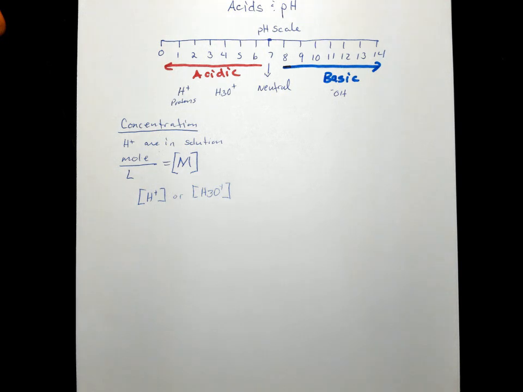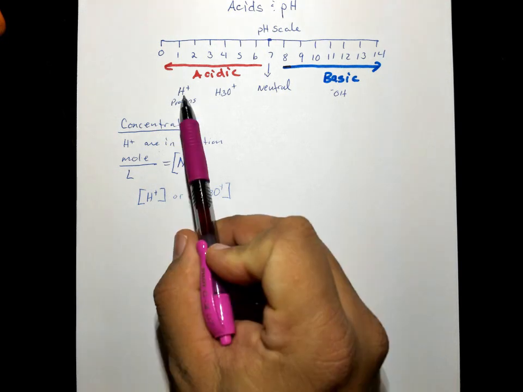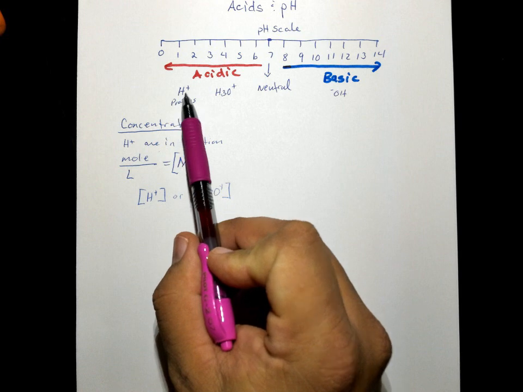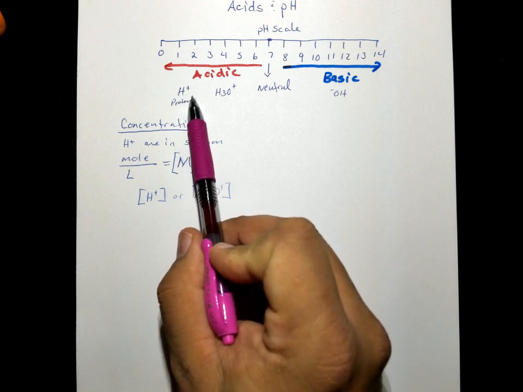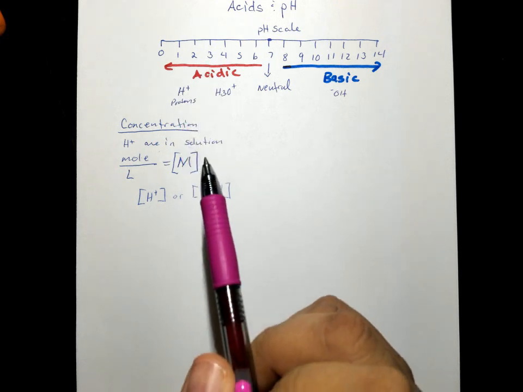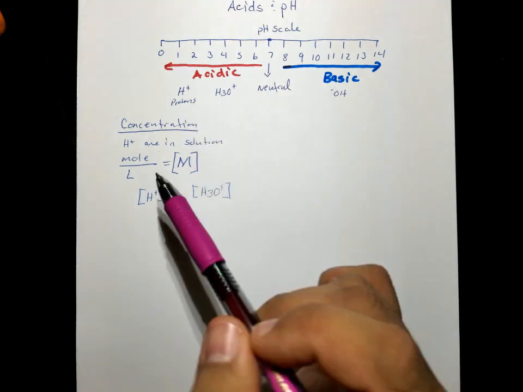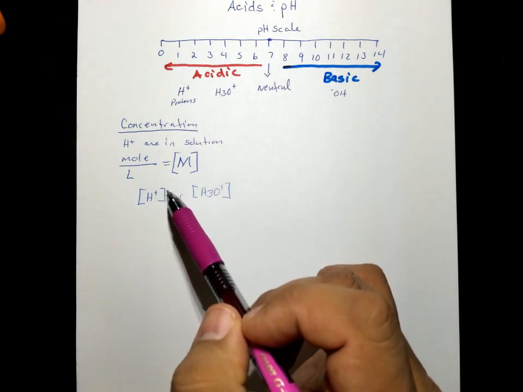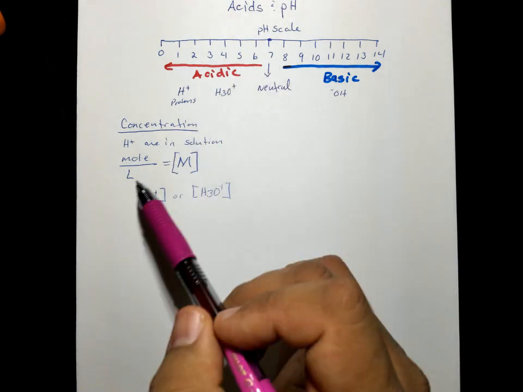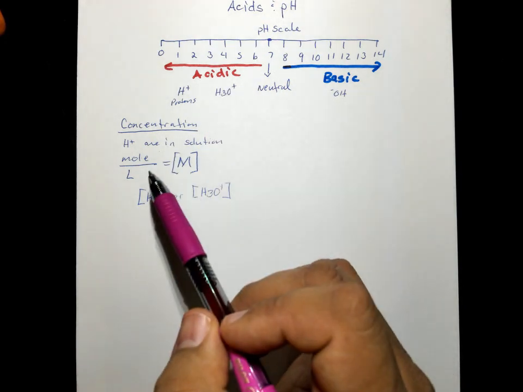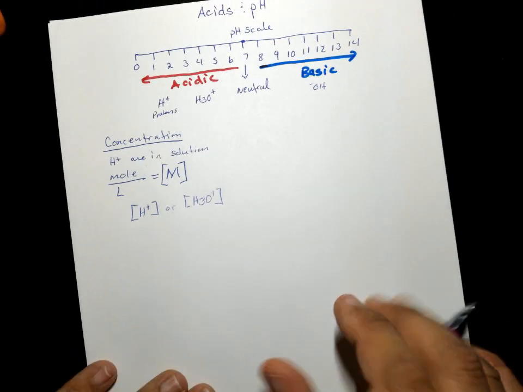How does concentration relate to pH? Really, what pH is measuring is how many hydrogen ions are in solution. So really, pH is an offshoot of concentration. So there's got to be a way to convert between pH and concentration, and there is.